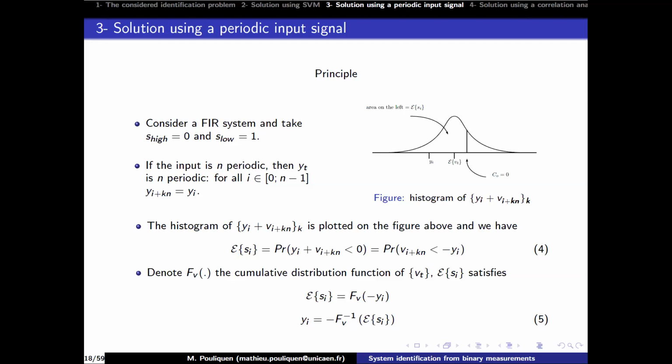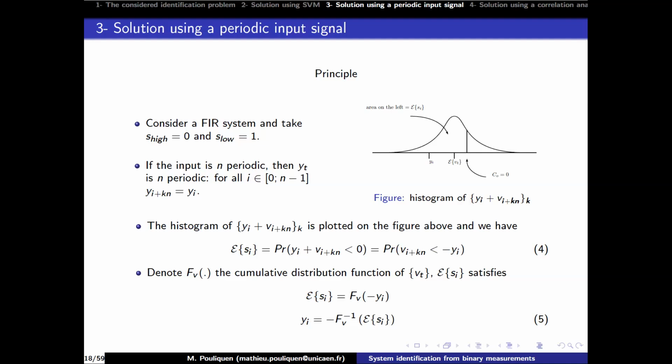If the input is periodic, the output too. And the objective here is to estimate the real output over the period. We can do this by saying that the expected value of the binary output can be linked to the real output we want to estimate.